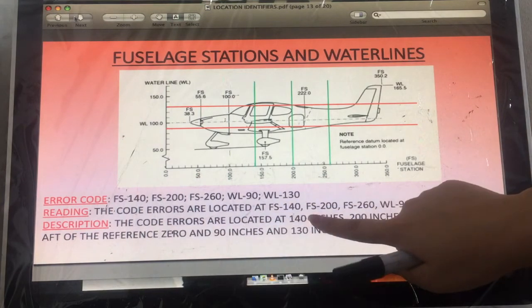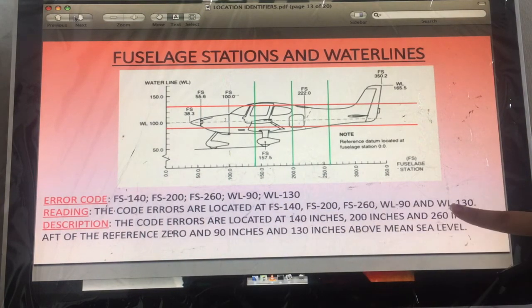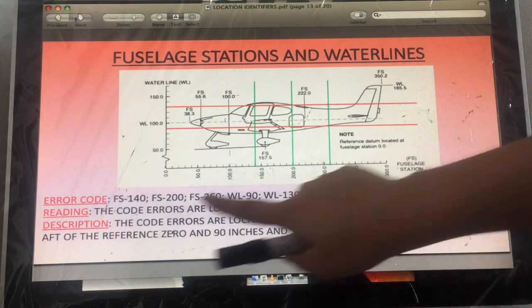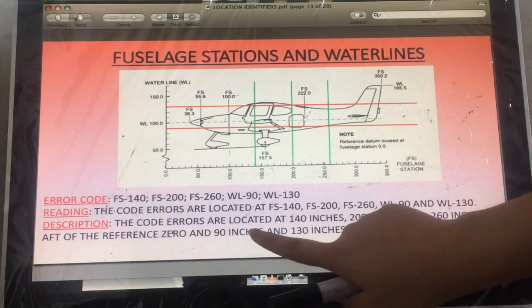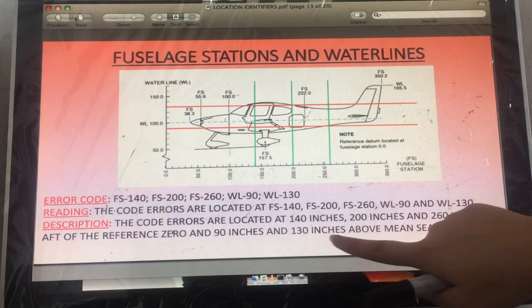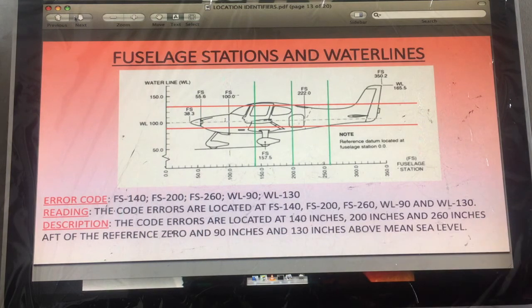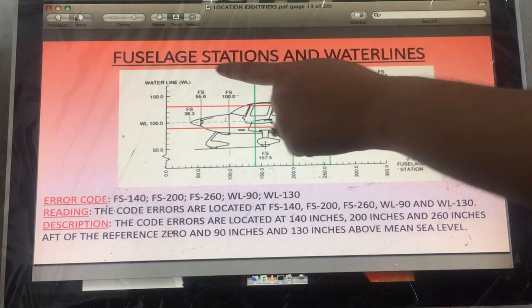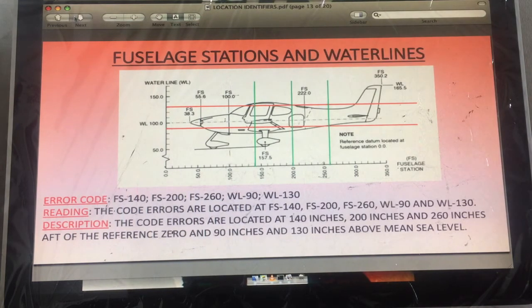So, it's 140 inches, 200 inches, and 260 inches aft of the reference 0 and 90 inches and 130 inches above mean sea level for the water lines. So, again, for fuselage stations and water lines, wala tayong negative values. All values are positive. So, that is actually activity number 3.